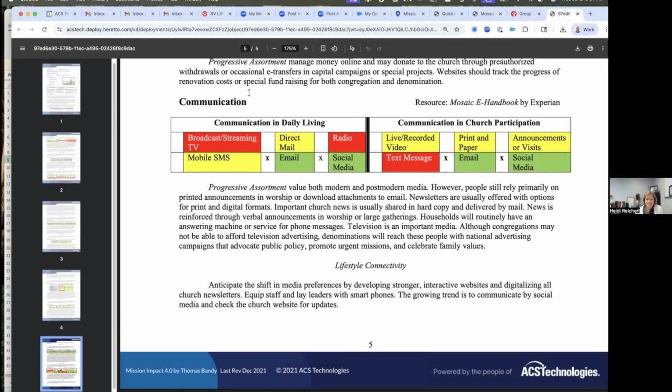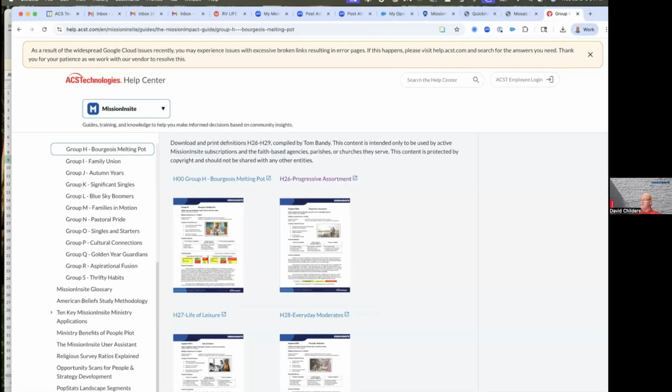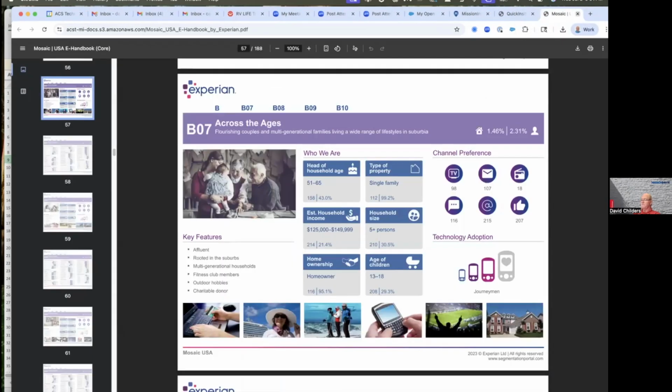So Bandy is something you need to know about and use if you're trying to get a better handle on the detail of an Experian Mosaic segment. Yeah, that's really helpful because you can try to parse out what these shorter little infographics are, but I just think it's a much more powerful tool.